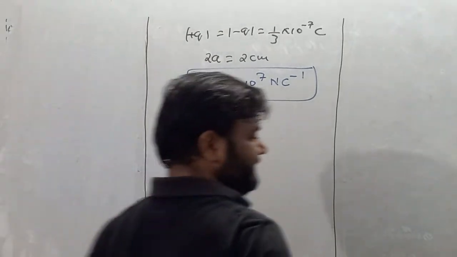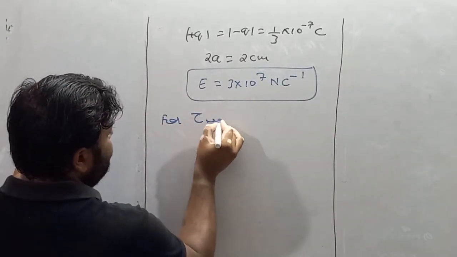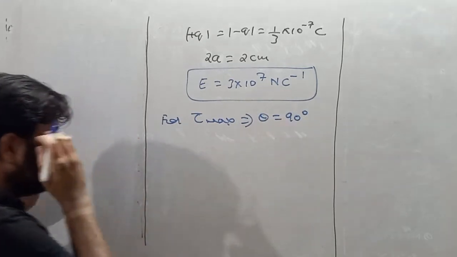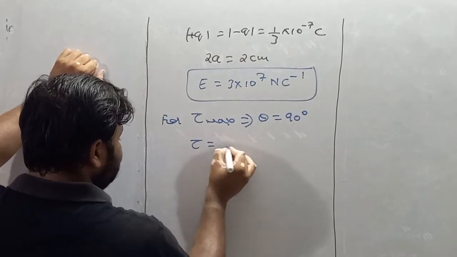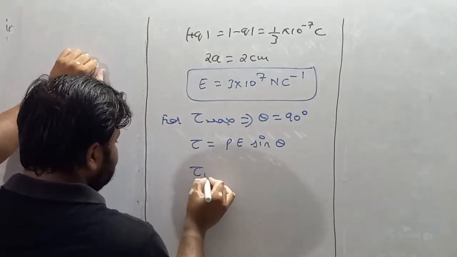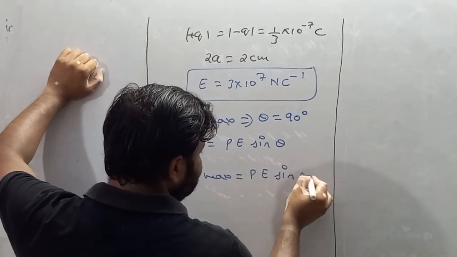So we know that for tau max, theta must be 90 degrees, because sin 90 is the maximum value for sine. So we know that torque is equal to PE sin theta, and for tau max it must be perpendicular, so sin 90.